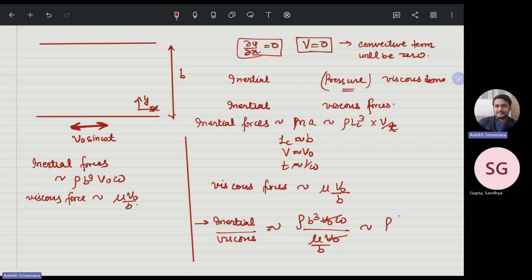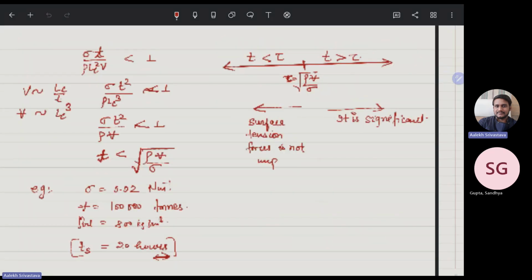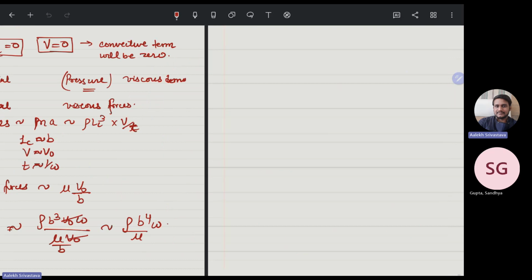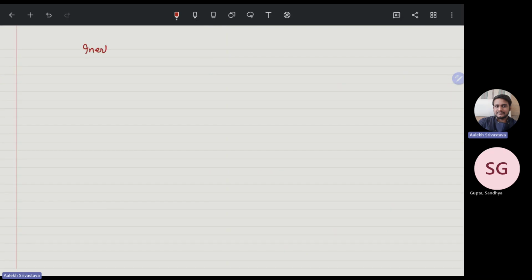If you take the ratio, it is rho b raised to the power 4 by mu into omega. What it means is, if I say my inertial to viscous ratio is much less than 1, or I should write it the other way.